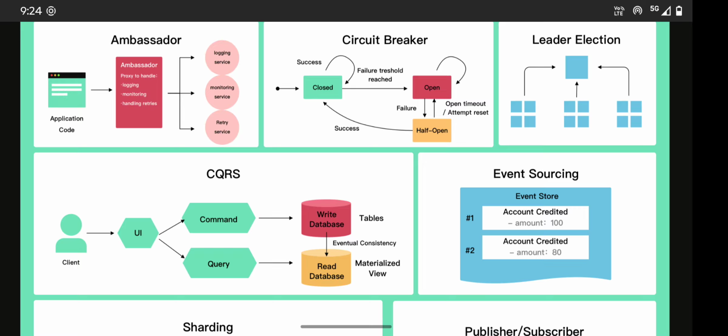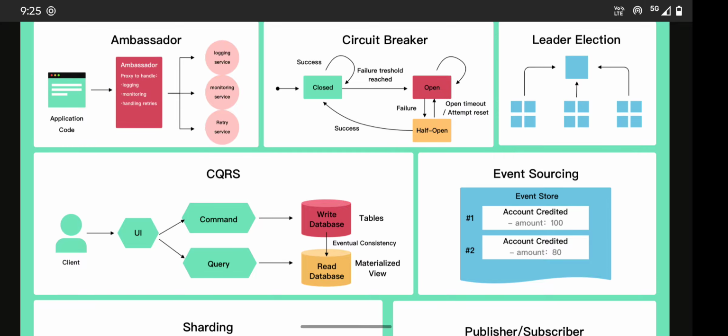At that time you need to have a mechanism. Let's say service B has failed and service A is calling it, and service A will get an exception if service B is not responding.